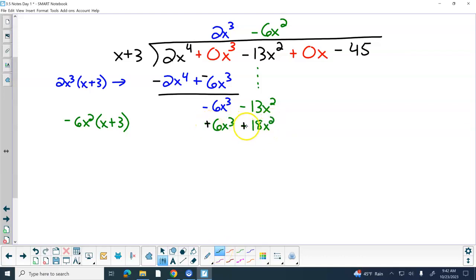Change. Change. Positive 5x squared. Drop. That would be 5x.